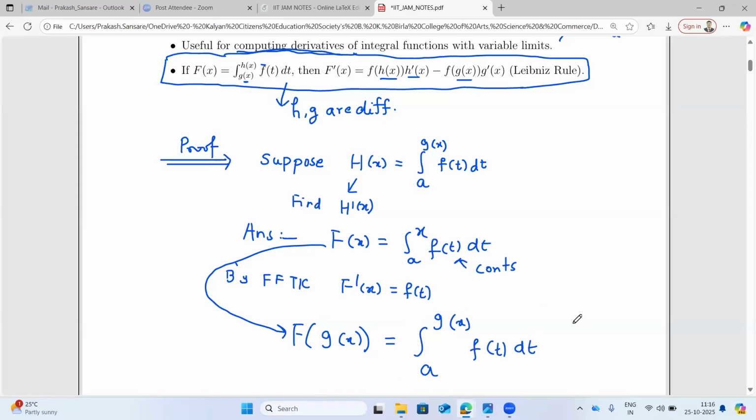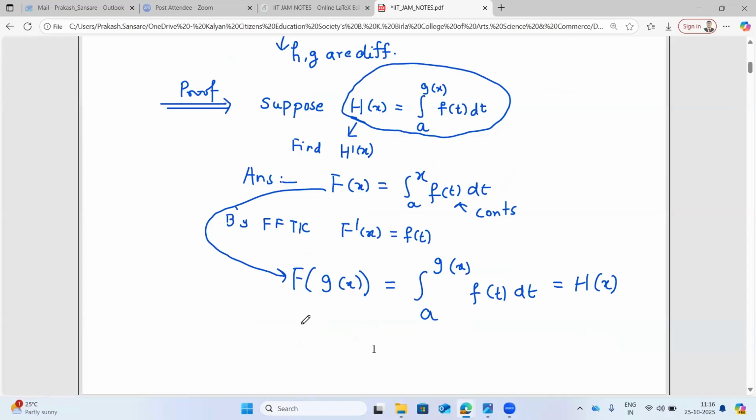And this is basically my h(x). So what I got is F of g(x) is basically h(x), and I need to find h'(x). So my h'(x) is, by chain rule, F'(g(x)) into g'(x).